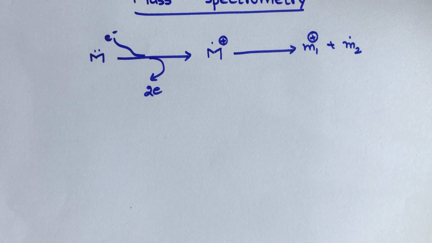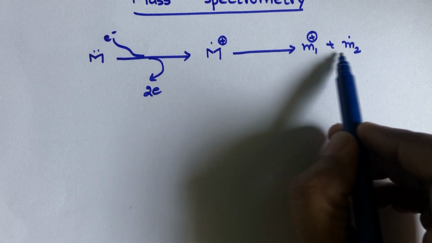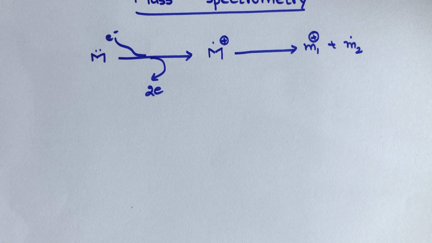These fragments are later detected, and they are sorted based on their mass by charge ratio, and they are identified. So the mass spectrometry technique is a most important technique which measures the masses within the sample.